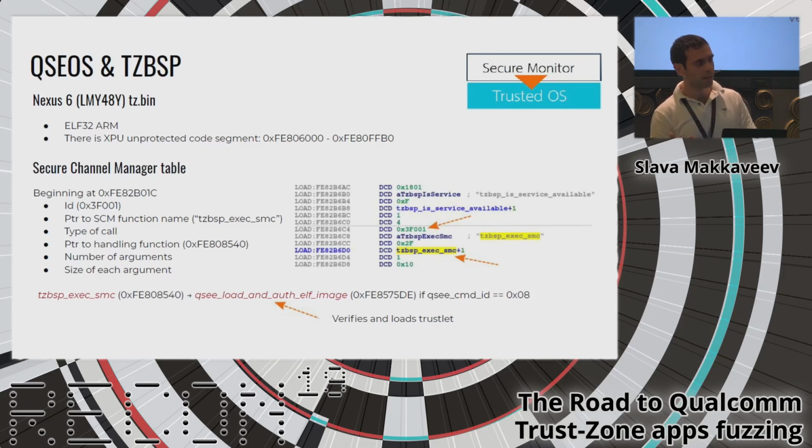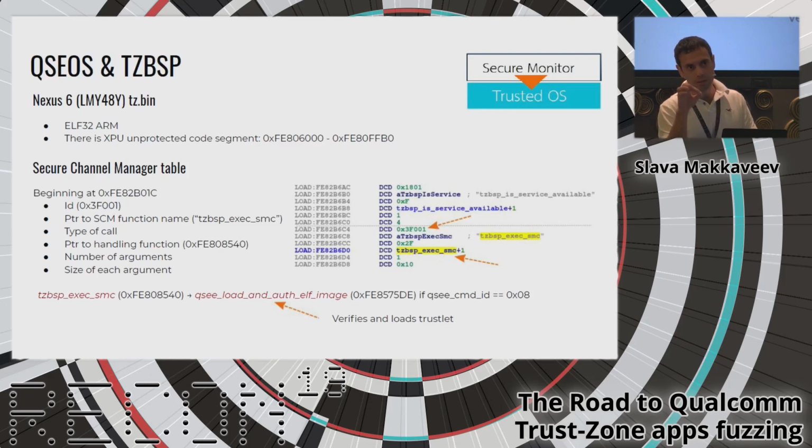Each entry in this table holds an ID, a name, and a pointer to a handler function. In our case, in this table, we see that the TrustZone BSP exec SMC function will be called to process all SMC requests from the normal world.